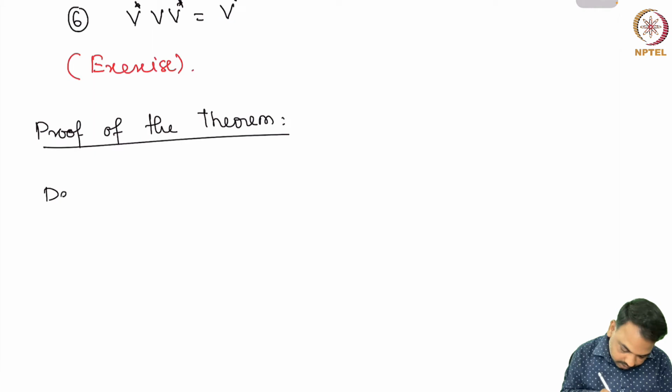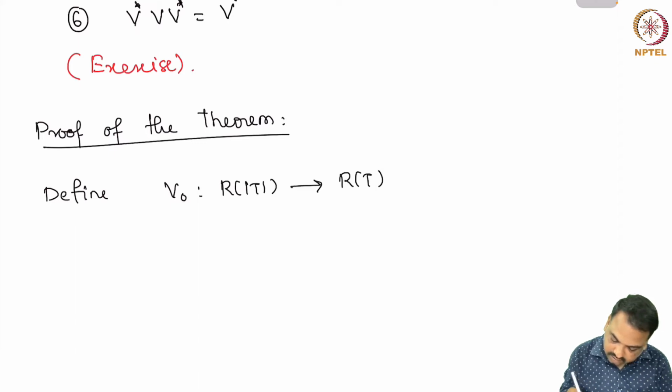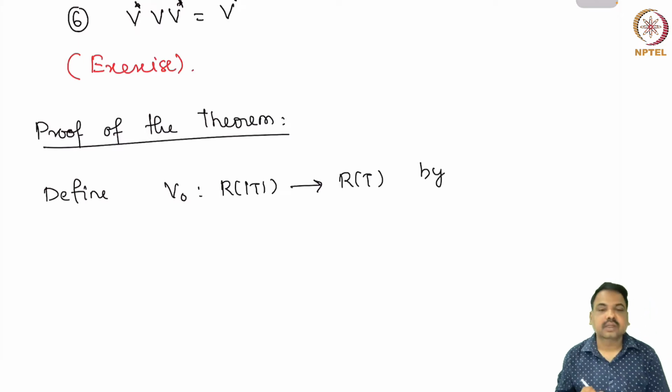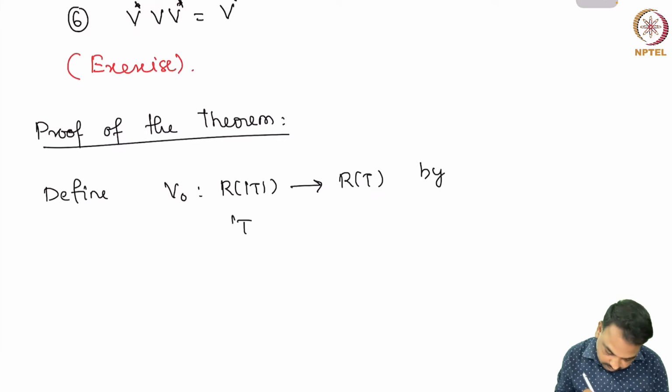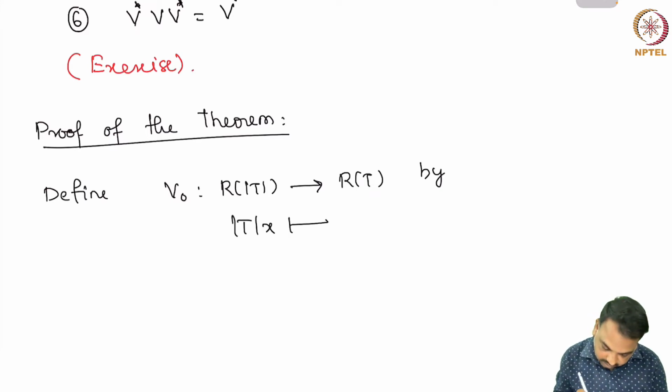Define V naught, an operator from the range of |T| into the range of T, by: elements of the range of |T| are of the form |T|x, where x is coming from H1, and |T|x is mapped to Tx for all x in H1.